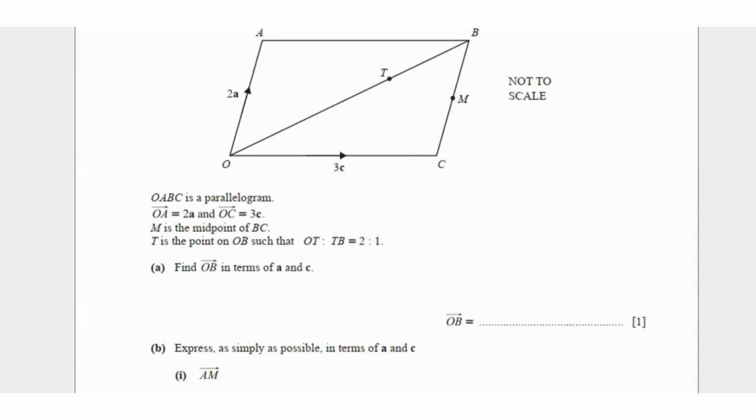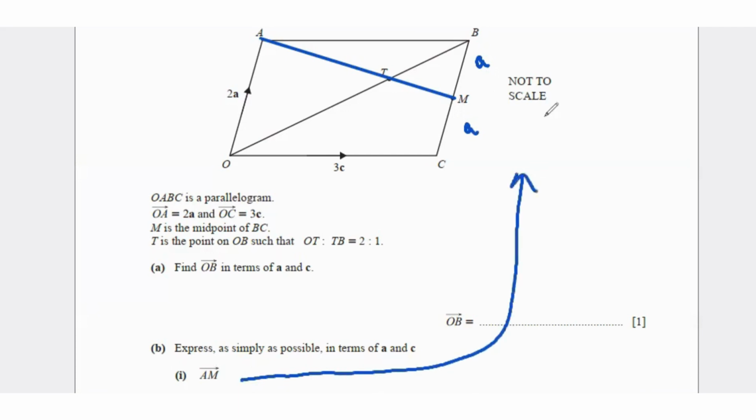let's draw a line first. This is your AM. And we know that this is a, this is a. So AM can easily be, I'm just going to draw an arrow over here to show what the working is.